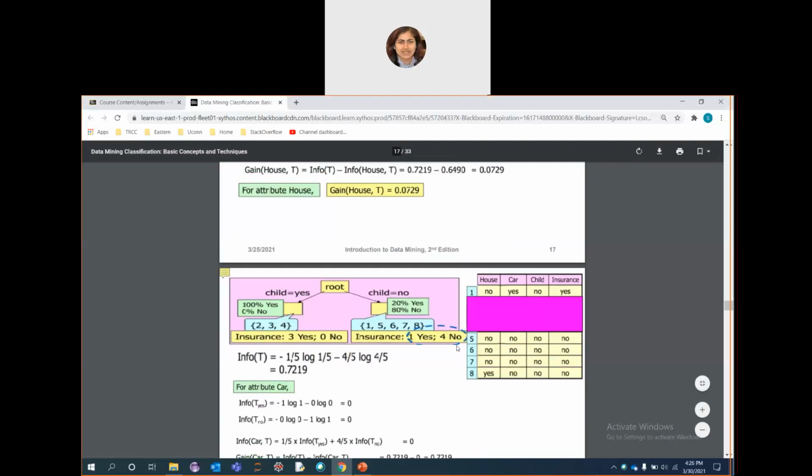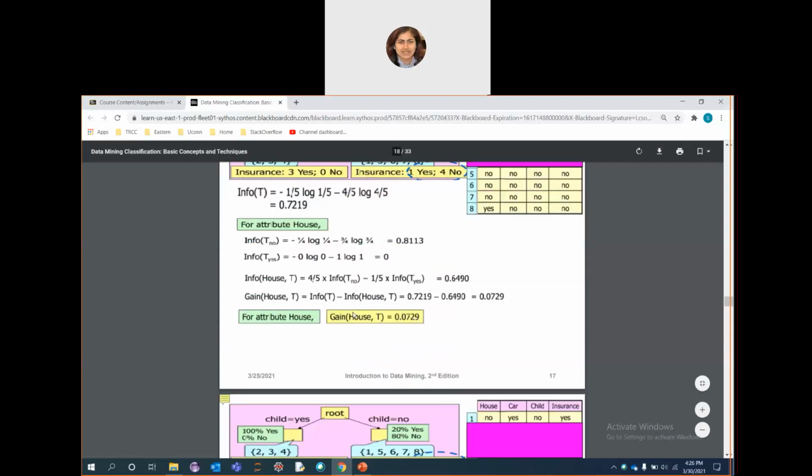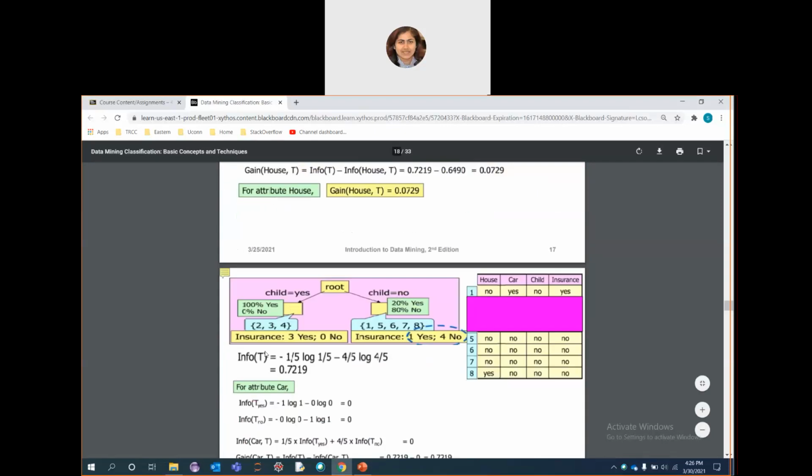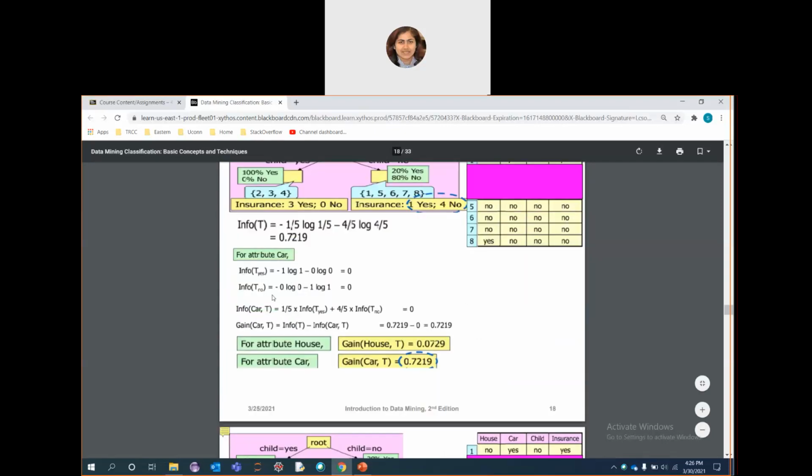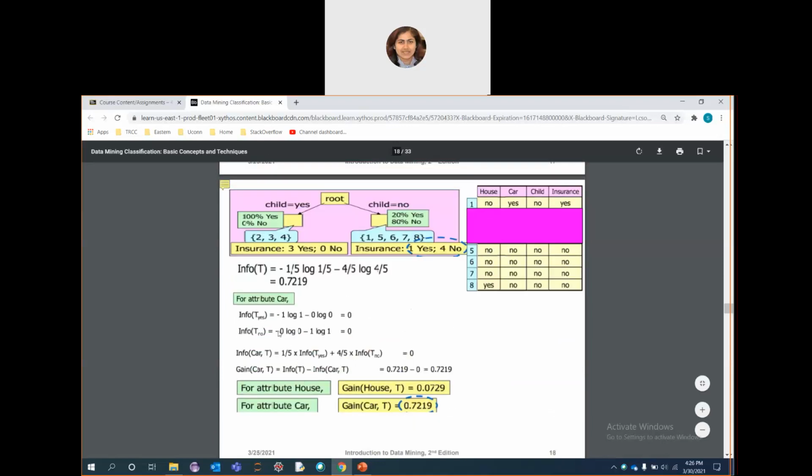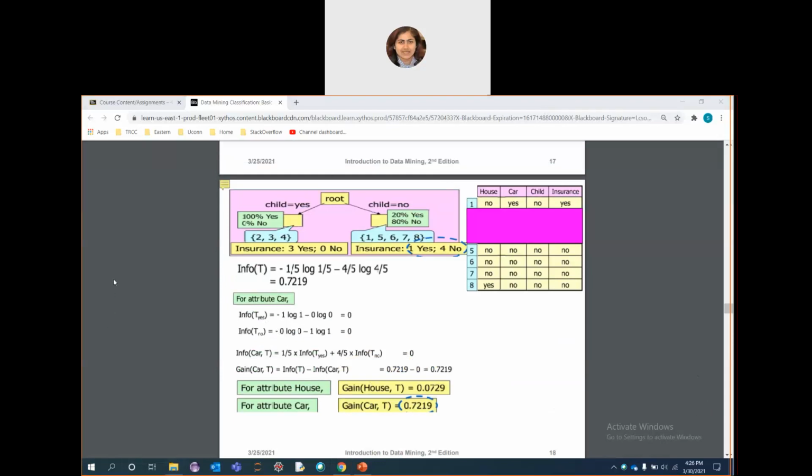Next step. So see here in the next step, this is the similar thing I have repeated, info T. And here if you see for car, we have 1 yes and 4 no's. Okay. So for yes, let's see what we have. 1 yes, 1 yes.